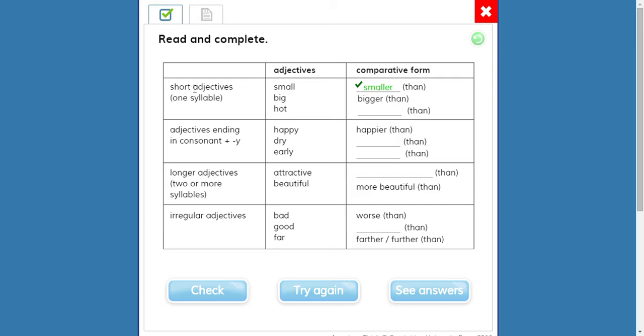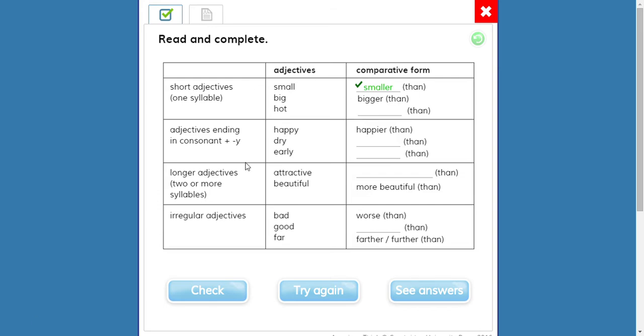Well, let's start at the beginning. Short adjectives, only one syllable, like small, big, or hot. The common rule for the comparative says you write the adjective, as you know, small, and you add the ending er.